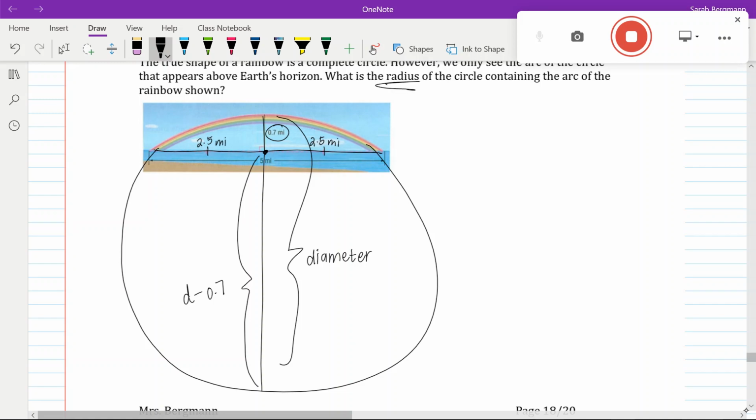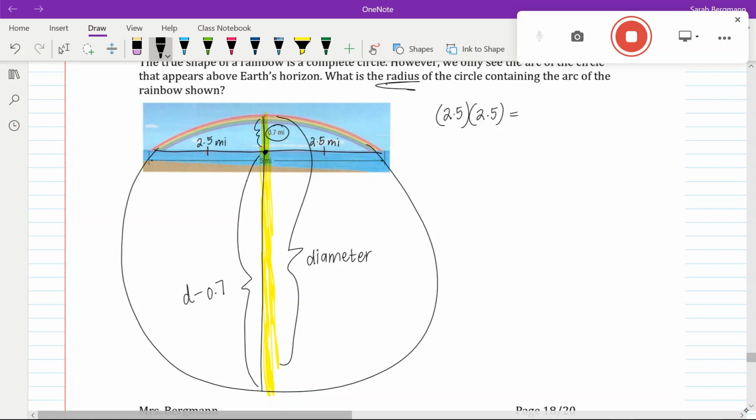So let's set it up. For our first chord, we have 2 chord segments. The first chord segment is 2.5. The other chord segment is also 2.5. For the other chord, this vertical chord, which happens to also be a special chord because it's a diameter as well, we have 2 chord segments.